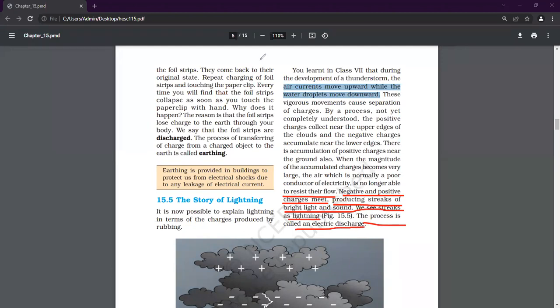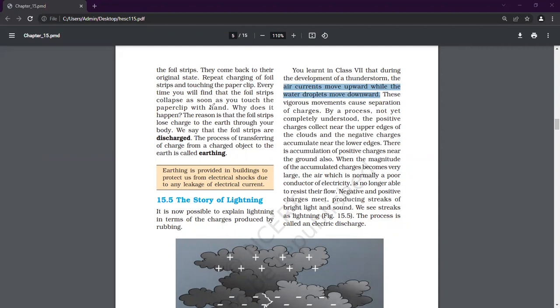Okay students, once again we will try to see how this phenomenon happens. Lightning, when do we generally see it? When there are lots of clouds in the sky, and maybe it is raining at some places.